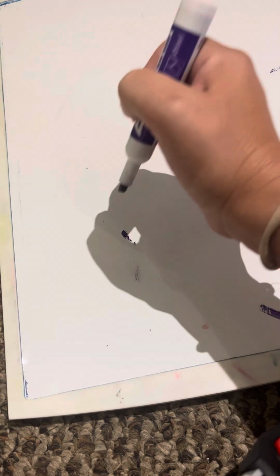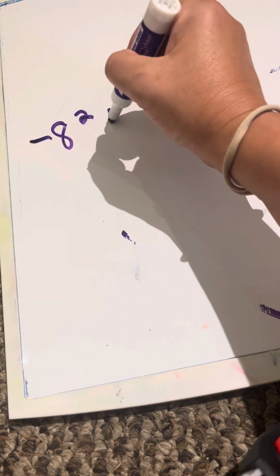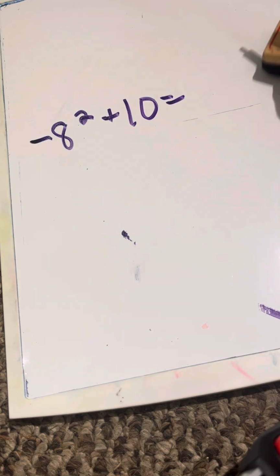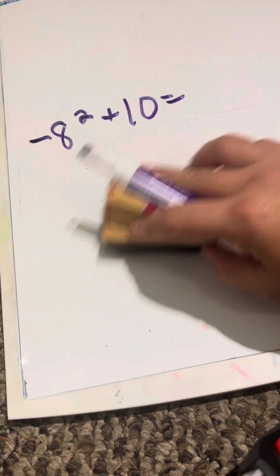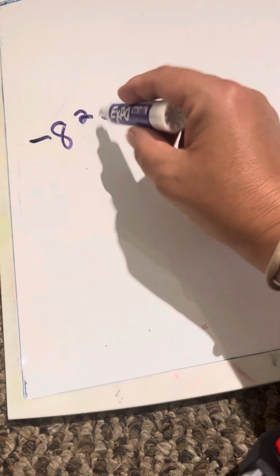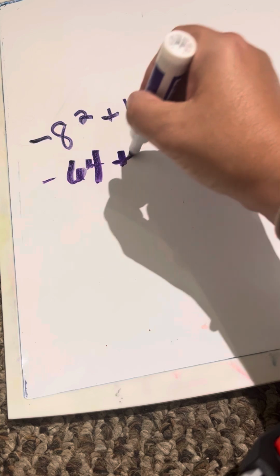So we have the problem, -8 squared plus 10. First thing we're going to do is our exponent. So 8 squared is 8 times 8, 64, plus 10.